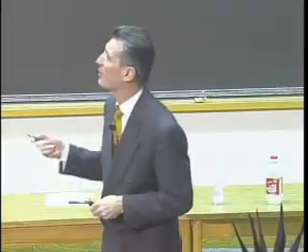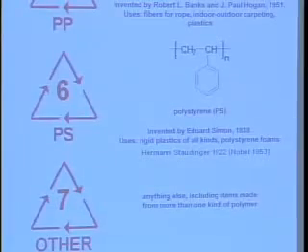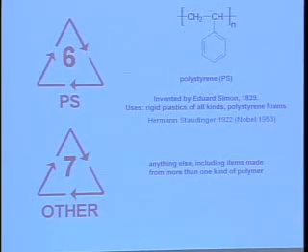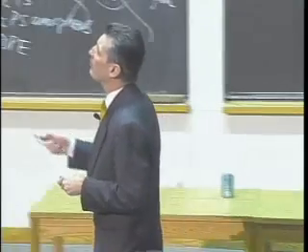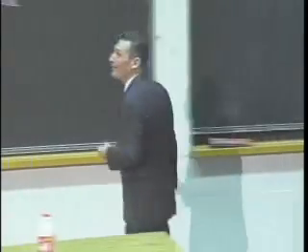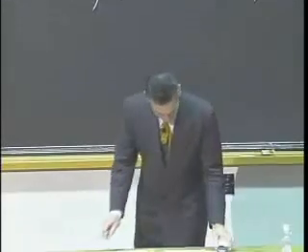He wrote extensively on it and eventually won the Nobel Prize for it. But technically, Simon isolated polystyrene in 1839. And then 7 is everything else. So if you see a 7 at the bottom, it's, who knows? All right. So that's the chain of events.